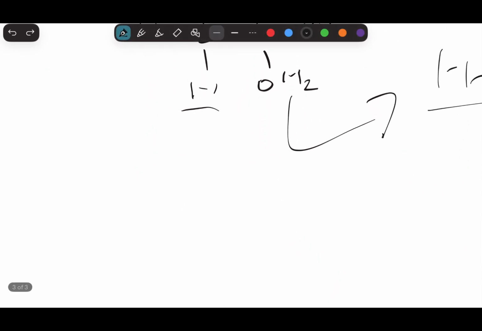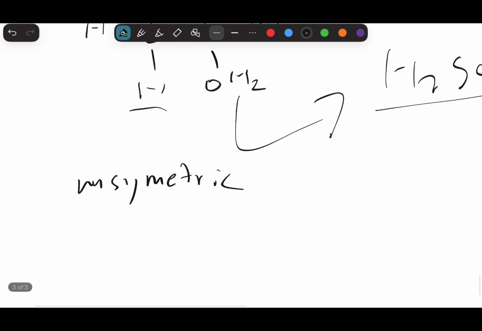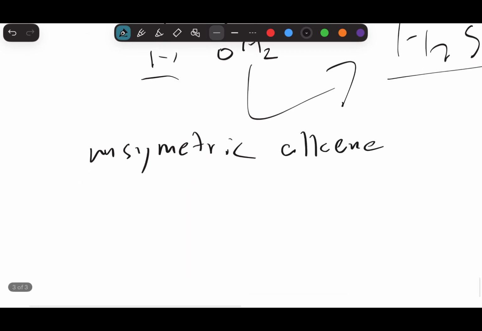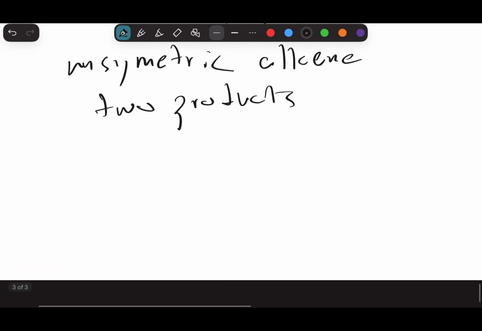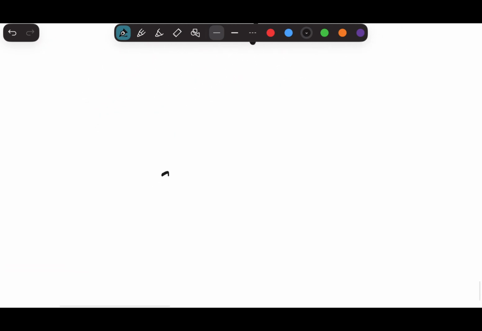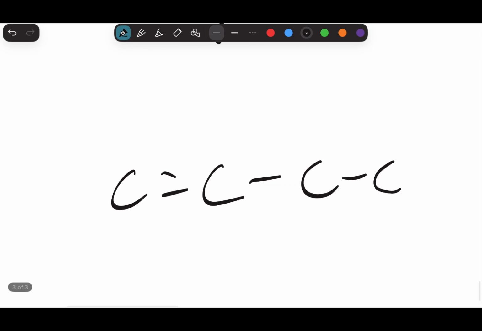But then if there is an unsymmetric alkene, there will be 2 products, because the OH can go into different locations. So let's say there is, what's this?